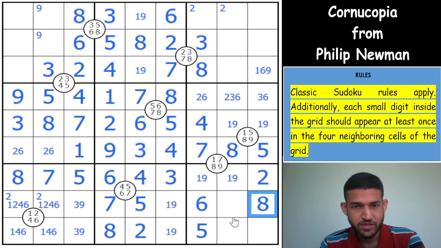8 goes in here, can't be here and cannot be here, so that becomes 3, 4, 7. 7 is eliminated, so 7 goes in here.